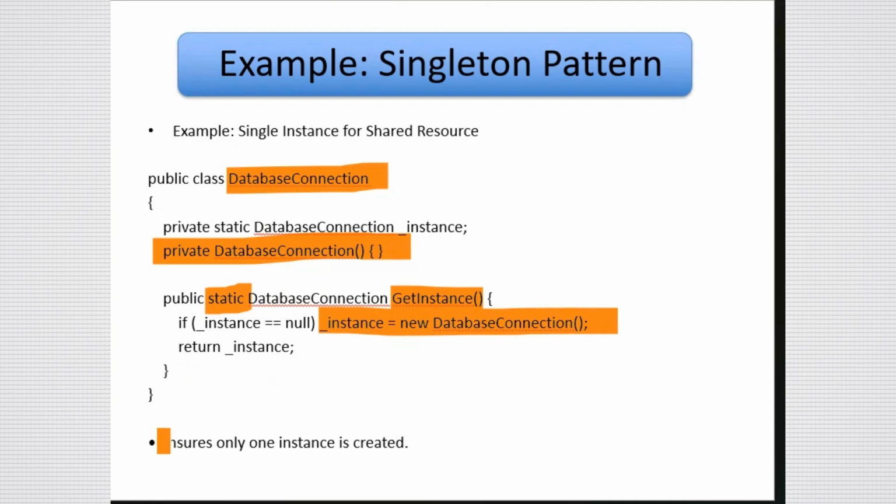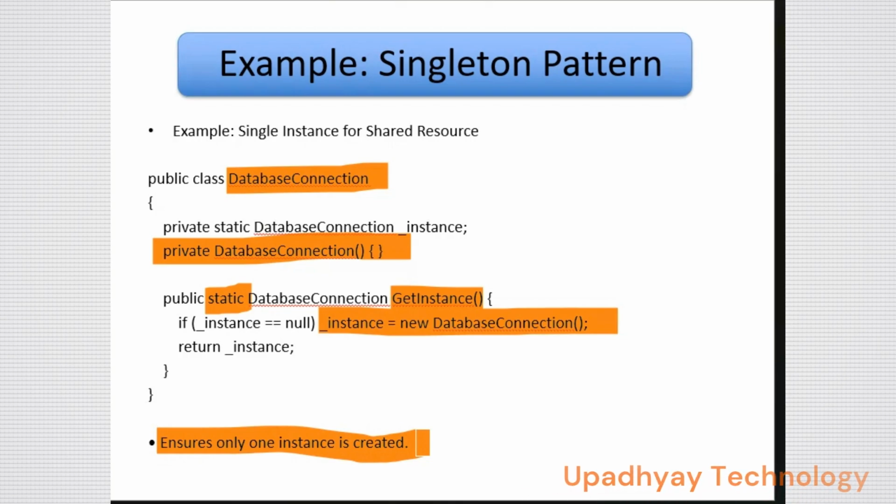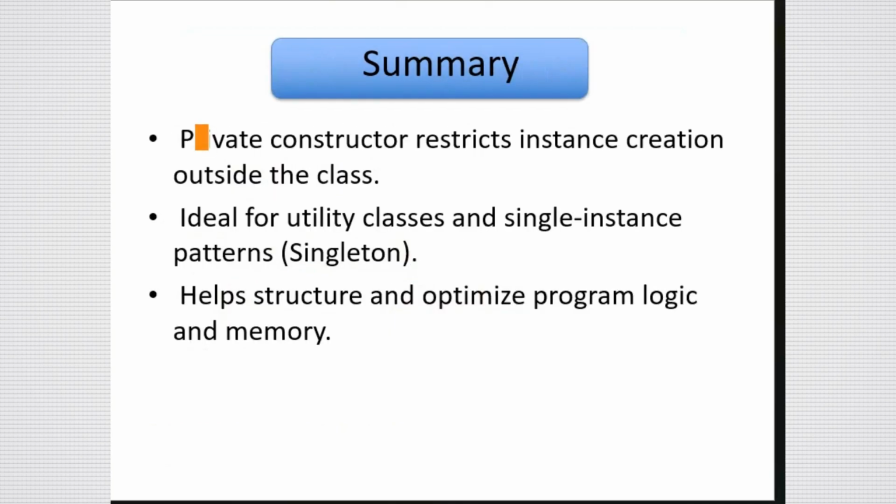In the same way, I can access the GetInstance method like DatabaseConnection, which is the name of my class, dot GetInstance, which can either create the instance if it does not exist, and if it exists it doesn't create a second instance. In this way, DatabaseConnection is guaranteed to have only one instance, which all parts of the program can share.